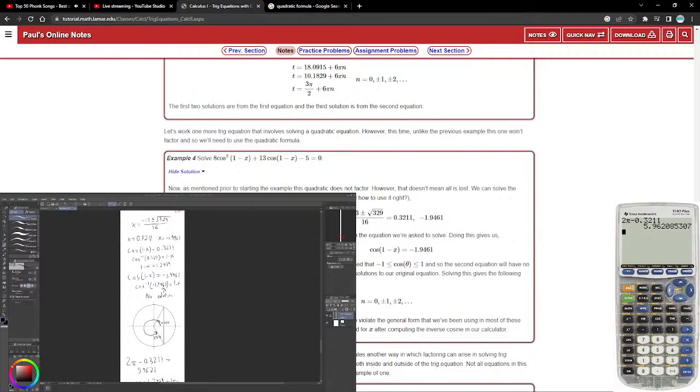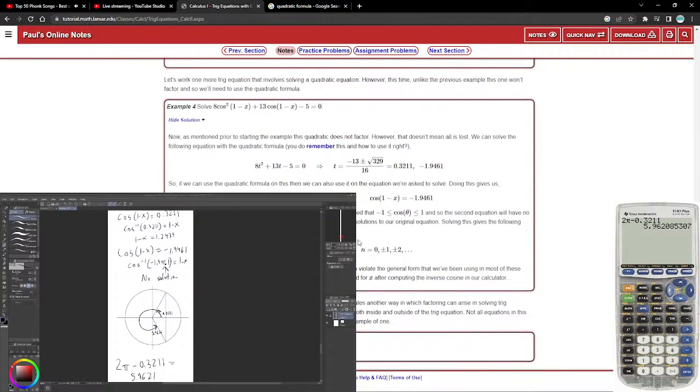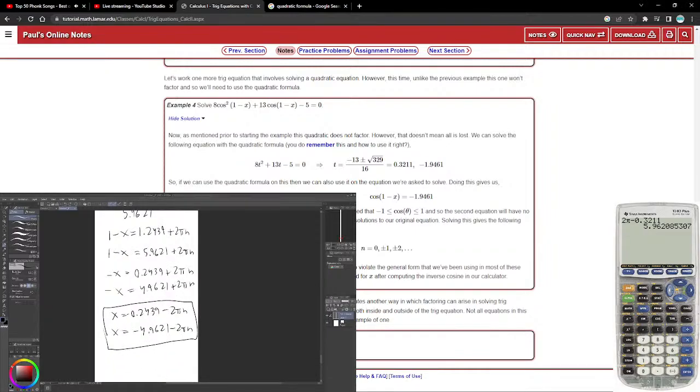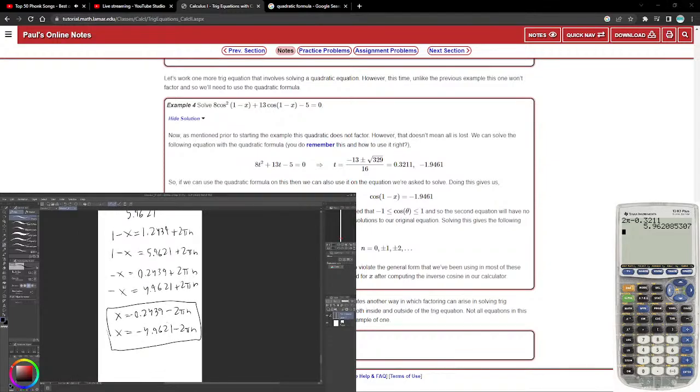Okay, I mean, no, that's just the other answer, even though it's not an answer. Now recall example 9 from the previous section. In that example, we noted that cos has to be between negative 1 and 1. And so the second equation will have no solutions. Therefore, the solution to the first equation will yield the only solutions to our original equation. Solving this gives the following set of solutions. Negative 0.2439 minus 2 pi n. Negative 4.9621 minus 2. Oh, wait, I did that wrong. 0.2439 minus 2 pi n. That's right.